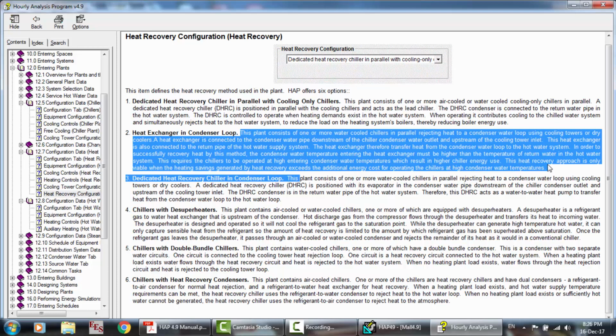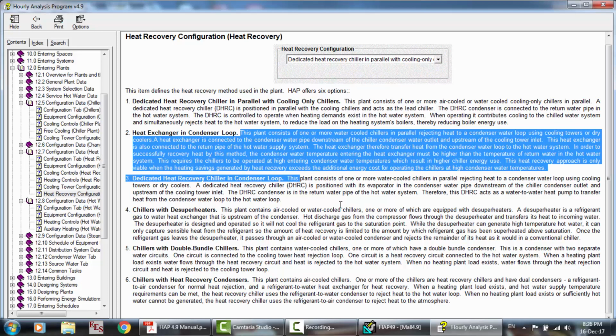So this requires the chillers to be operated at high entering condenser water temperatures, which results in higher chiller energy use. This heat recovery approach is only viable when the heating savings generated by heat recovery exceed the additional energy costs for operating the chillers at high condenser water temperatures.